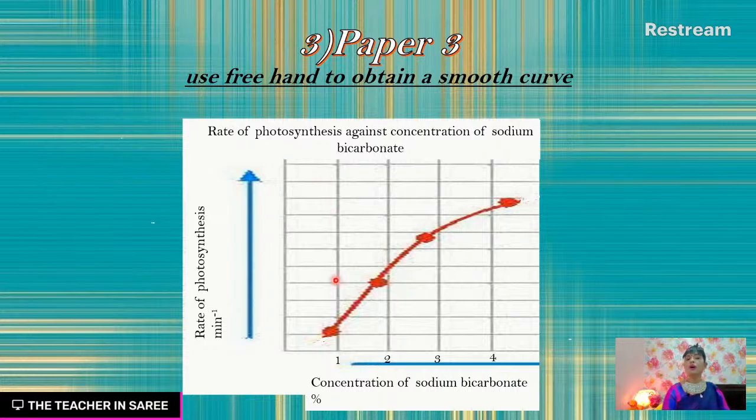So when you are connecting the points in the graph, you have to make sure that they are all connected. Do not extrapolate. I don't want to say that now, but since we're already there, I might as well mention it. Do not extrapolate. Make sure you use freehand. If it's a curve, make sure it's super smooth.